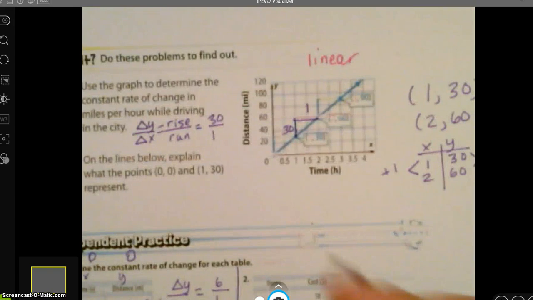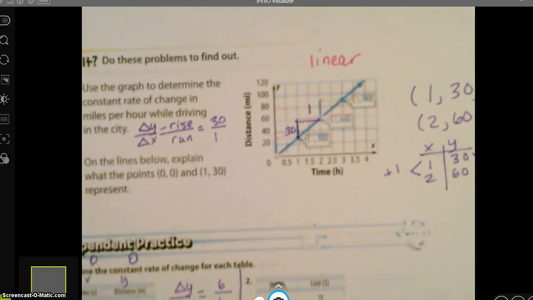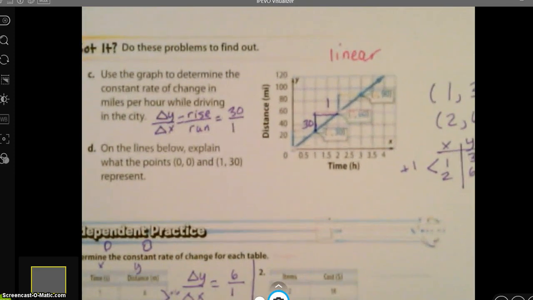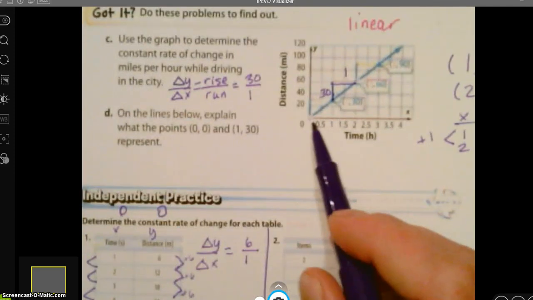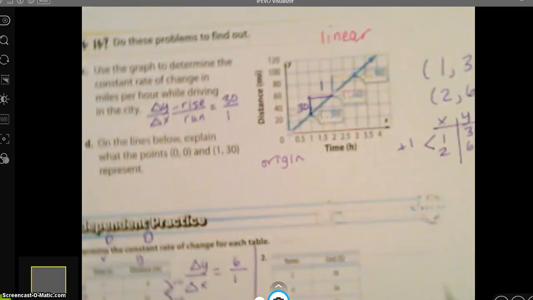So this already has a constant rate of change and it's going through (0, 0). So I know it is proportional. It is a straight line that goes through (0, 0). That's what we mean when we say a proportional situation: constant rate of change, and it goes through (0, 0), also called the origin.